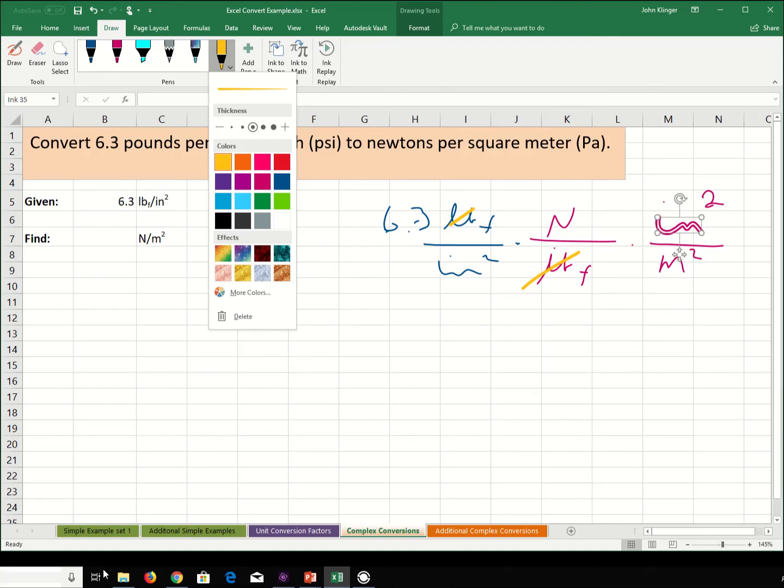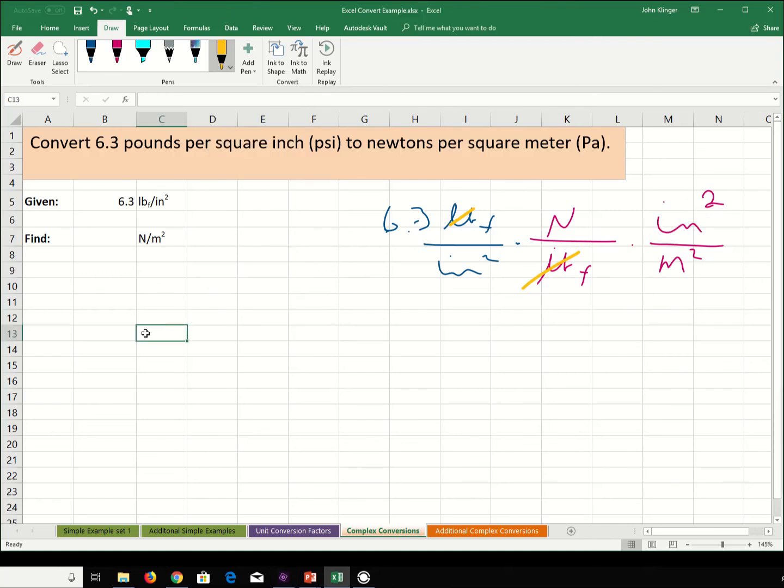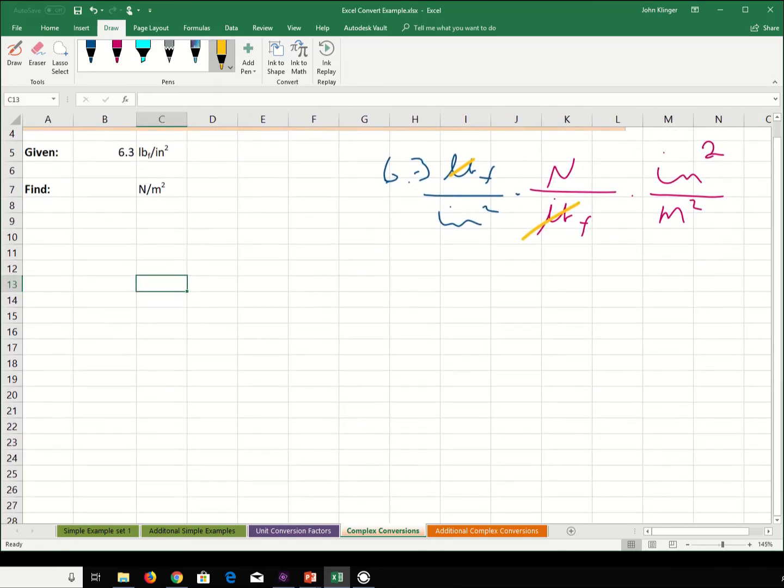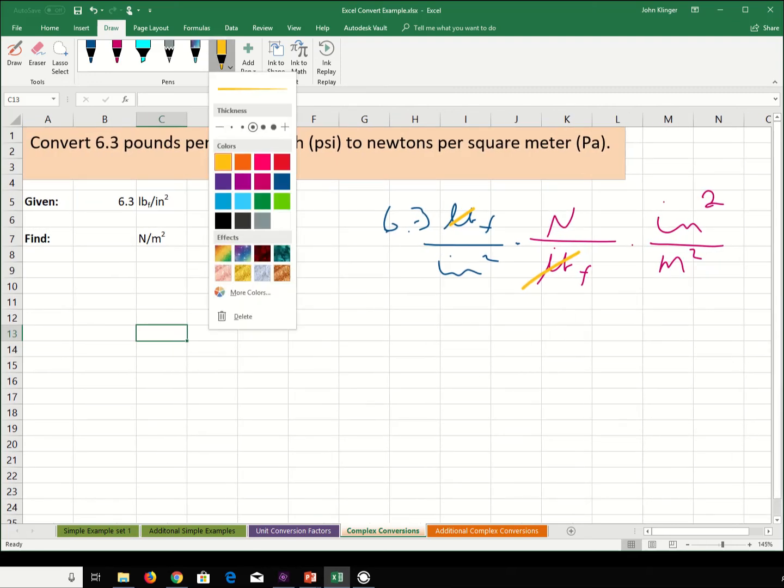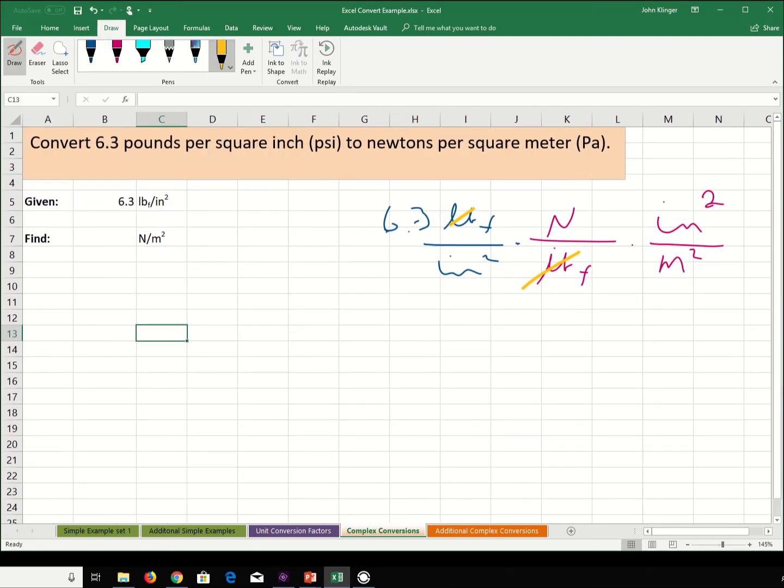My inches squared cancels out. Oh, I don't know, my pen's not working now. There we go, inches squared cancels out. So let's look at this. Again, this will be my first one, and this will be my second conversion factor.